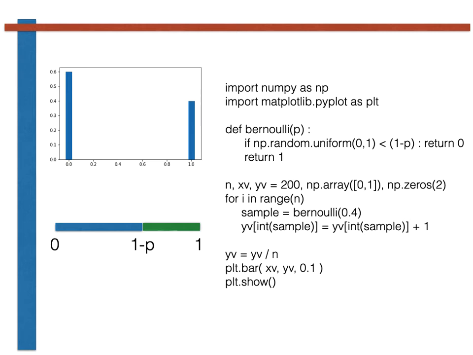Hopefully, the code is relatively clear and easy to understand. There is, however, one command within here that you might be worried about, namely the int here. This command turns a real number into an integer. Unfortunately, we need to know some computer science here to understand what's going on.